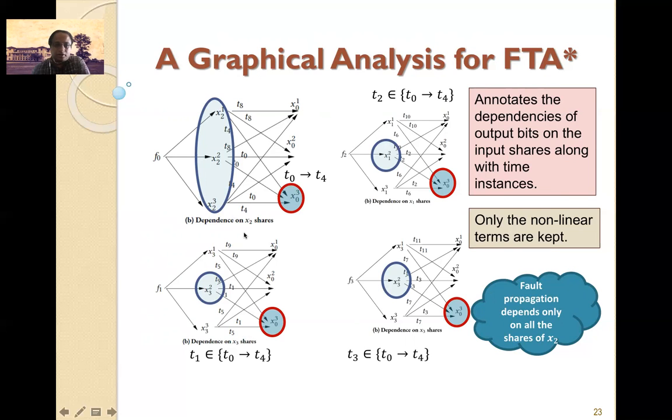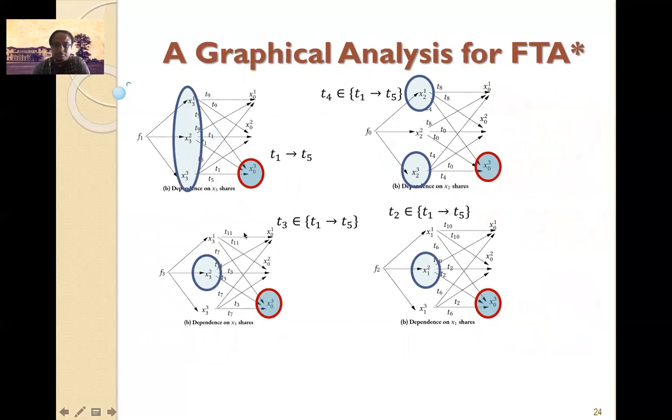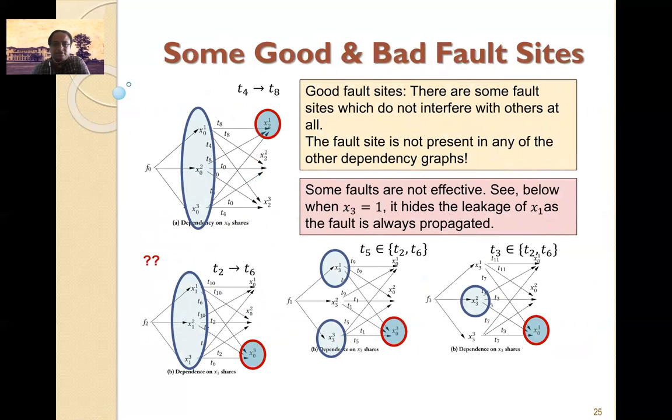Similarly, we can also observe that if the fault is at x03 but at a different location, time instance t1 to t5, then it also leaks all the shares of x3, and therefore x3 gets leaked.